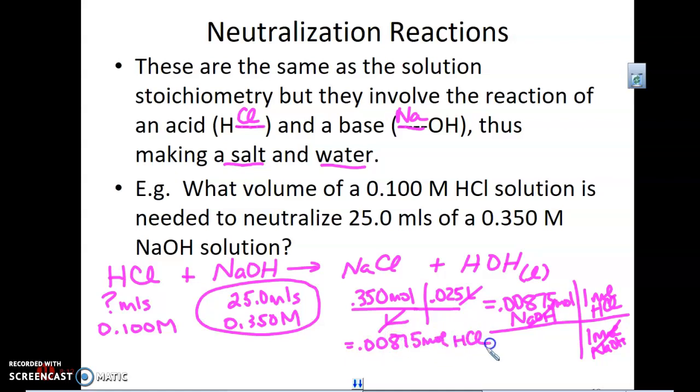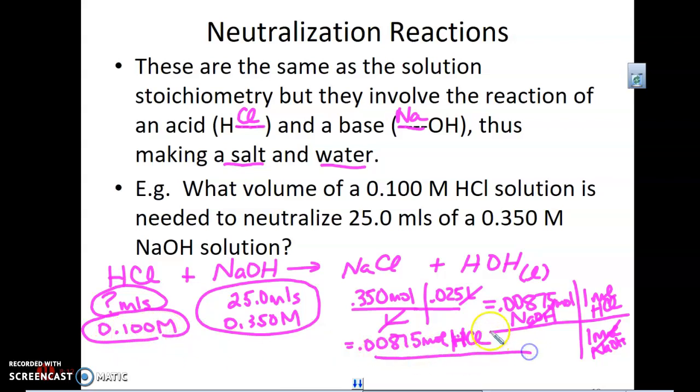So the first 2 steps, as you have seen, are pretty much similar. Now, this is the tricky part. Not super tricky, but somewhat tricky. You have a concentration here, and you need a volume. Well, if I have moles, what I'm going to do is remember that 0.1 molar means 0.1 moles per liter.